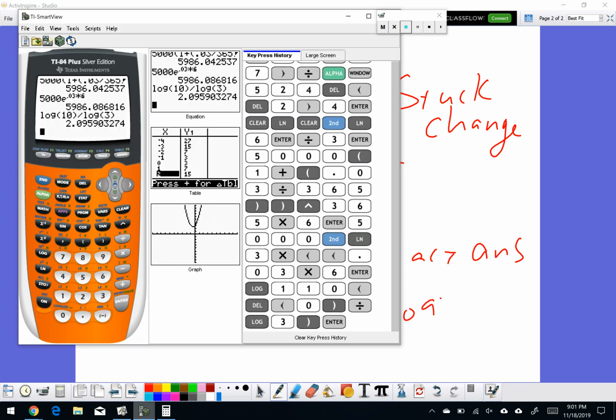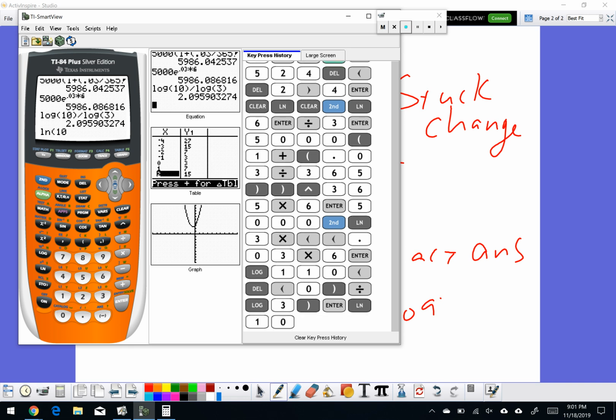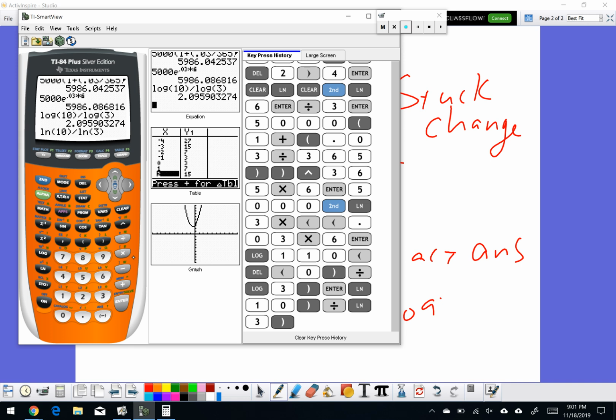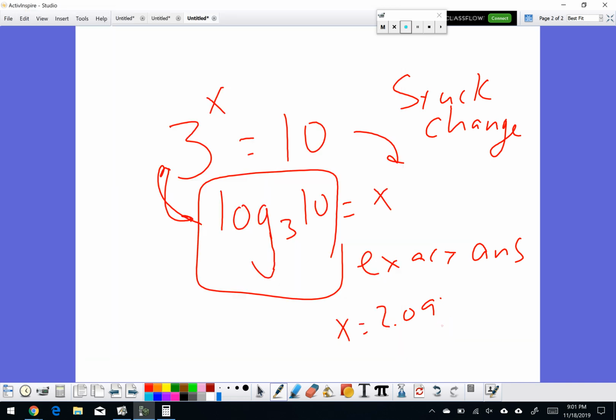Notice I could have done that a different way. I could have done ln of 10 divided by ln of 3. And once again, I still get the same result because we just changed the base. So it doesn't matter which log we use as long as we change the base. Okay, hopefully that's pretty easy so far.